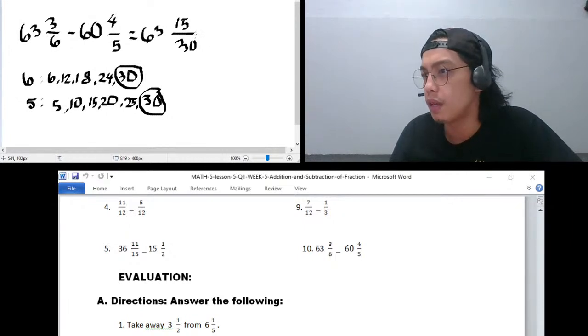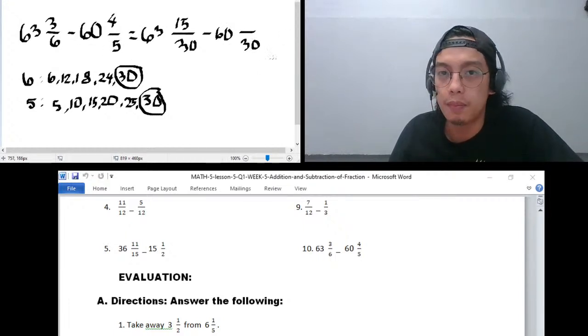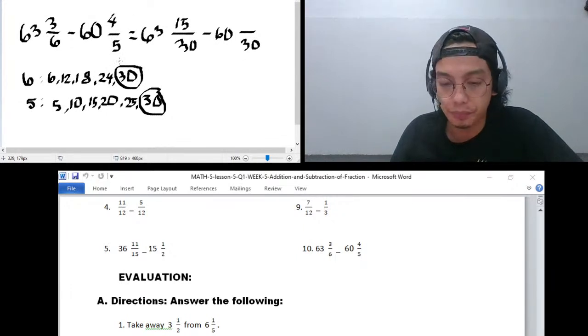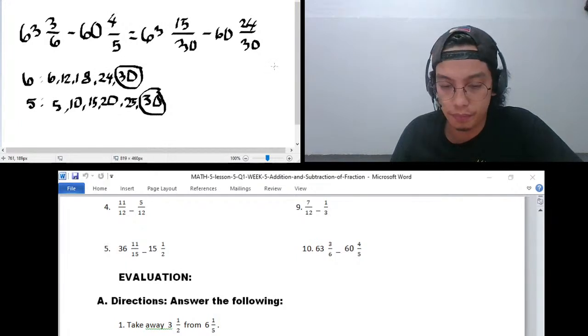Correct. Minus 60 and 4 over 5, which is over 30. 30 divided by 5 is 6, the same as we did earlier: divide the denominator by the original denominator, then times the numerator. 6 times 4 is 24.